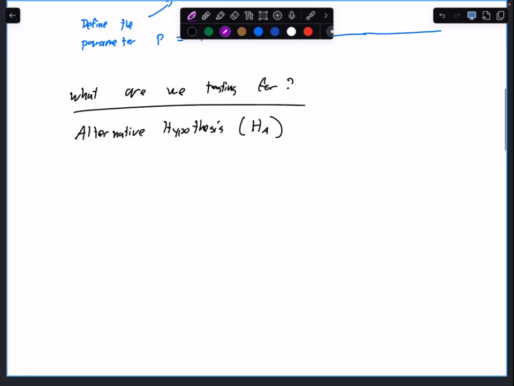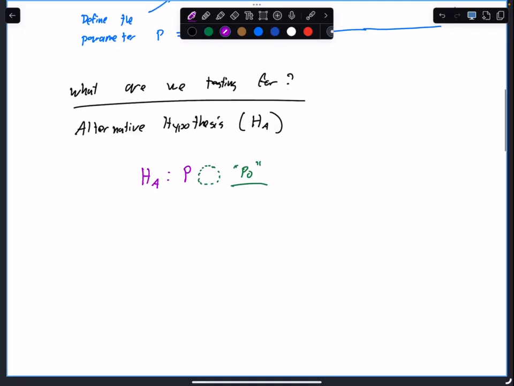Now, the alternative hypothesis will look like HA, and it'll be p, but then there's going to be some symbol that's going to go inside here with p0 right there. Now, that symbol can be one of three symbols that we use, all right? Because we're talking about proportions.